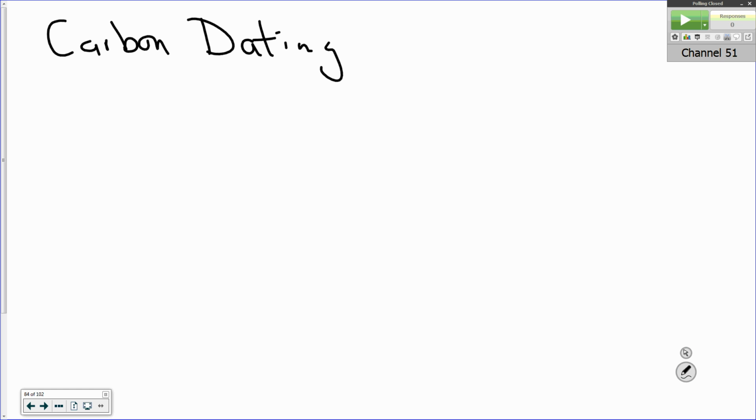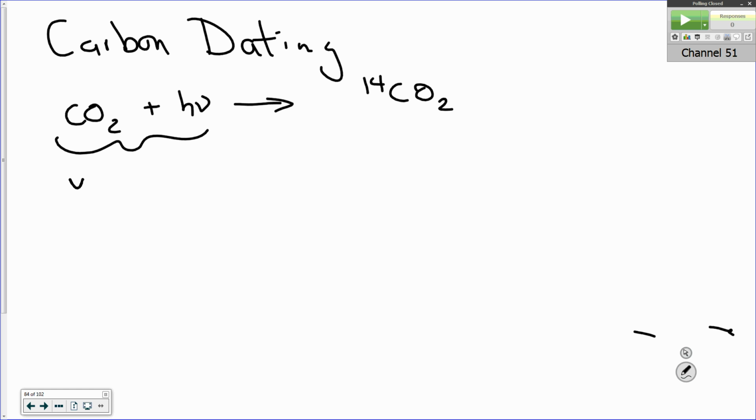So carbon, when it gets in the upper atmosphere in CO2, it gets bombarded by nuclear particles, so high radiation, and it converts a certain ratio of the carbon to the radioactive form of carbon that involves the C14. So it's a C14 CO2, carbon dioxide. So all this occurs in the upper atmosphere.